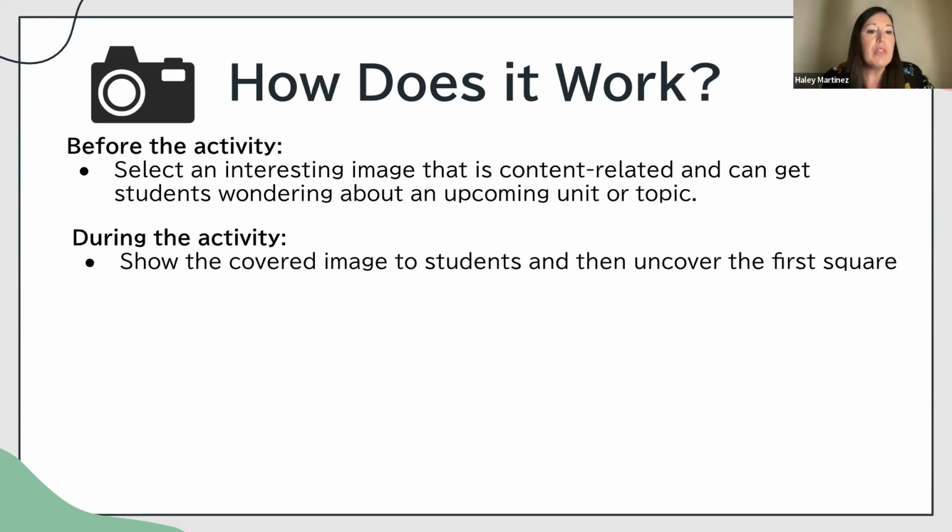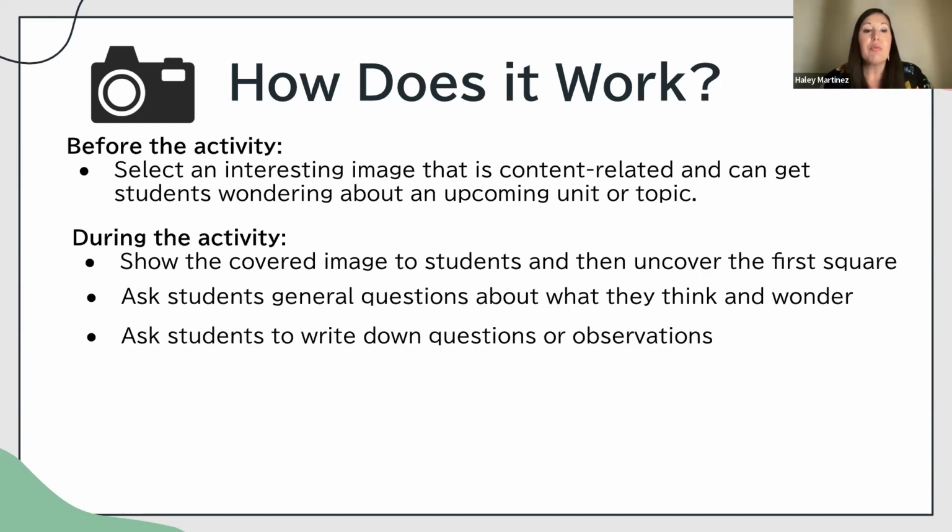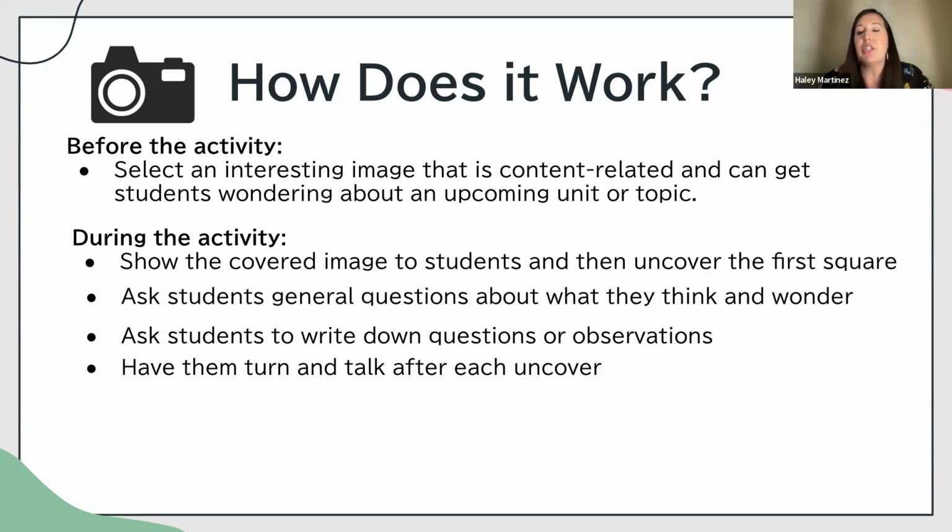During the activity, show the covered image to students, and slowly but surely you're going to uncover different squares. You start by asking students just general questions about what they think or wonder. Ask them to write questions down, write some of their observations and what they're thinking, and then have them turn and talk to each other.